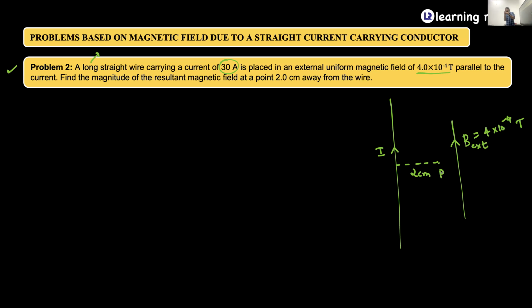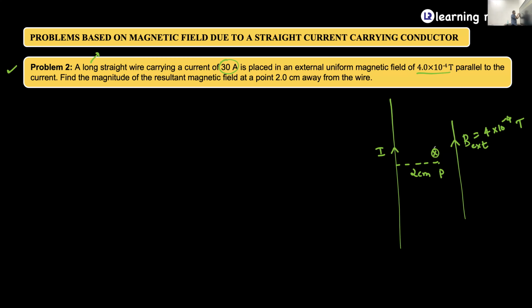It is going to be into the plane, which is negative Z axis. So the external magnetic field is upward like this, and the other magnetic field is like this. If you see it from the other side, they both are perpendicular to each other.